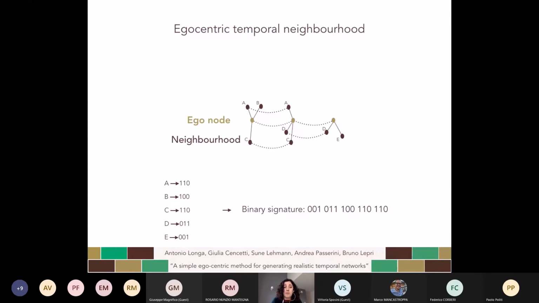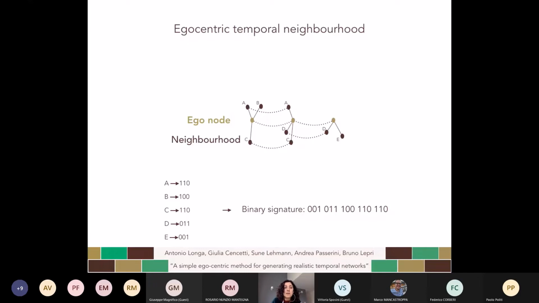So we store the shape of the interactions, but we do not consider the identity of these nodes, the identity of the neighbors of the ego node. So we only are interested in the shape of the interaction, okay? We do not store the identity nor any characteristics of the neighbors.